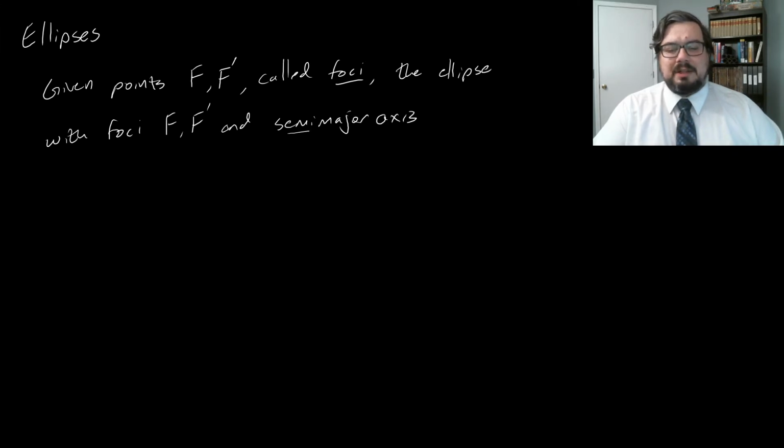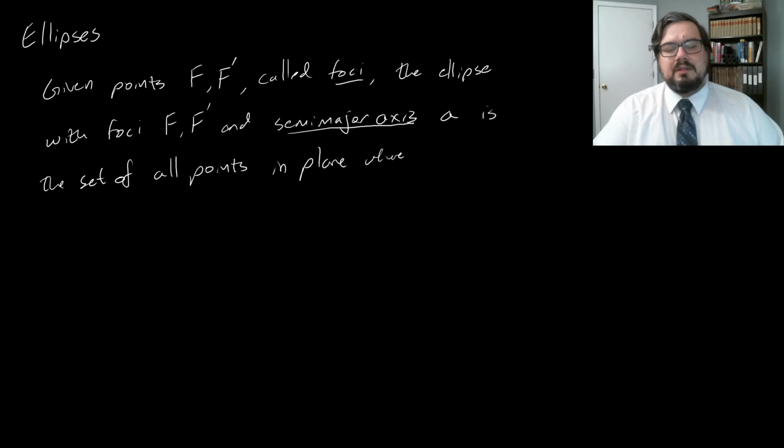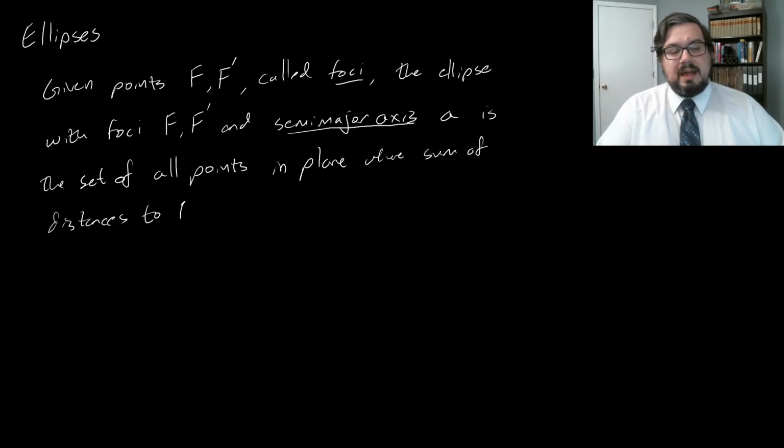We'll come back to explain this word later. And semi-major axis a is the set of all points in the plane where the sum of the distances to F and F prime is 2a.